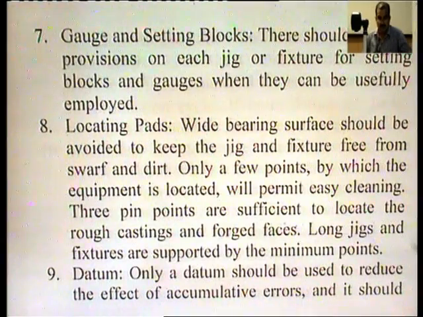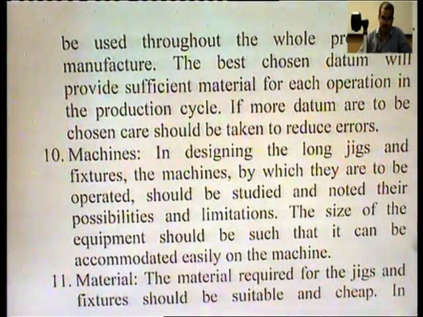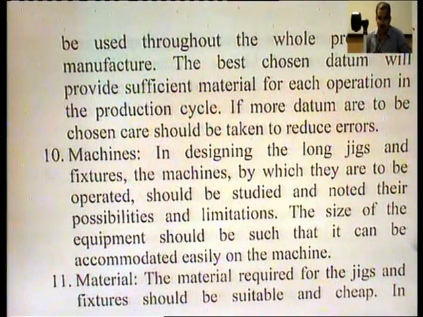Long jigs and fixtures are supported by minimum points. Then datum. Only one datum should be used to reduce the effect of accumulative errors, and it should be used throughout the whole process of manufacture. The best chosen datum will provide sufficient material for each operation in the production cycle.